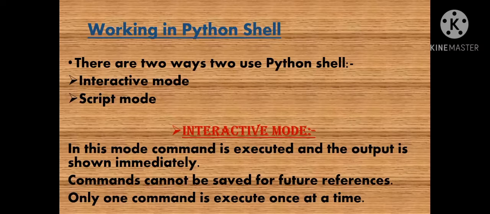In the further session, I will be showing how it's exactly happening. Commands cannot be saved for future reference, and only one command is used at a time. You cannot use multiple commands while working in the interactive mode.